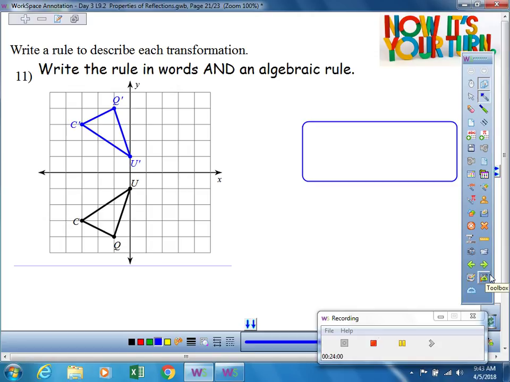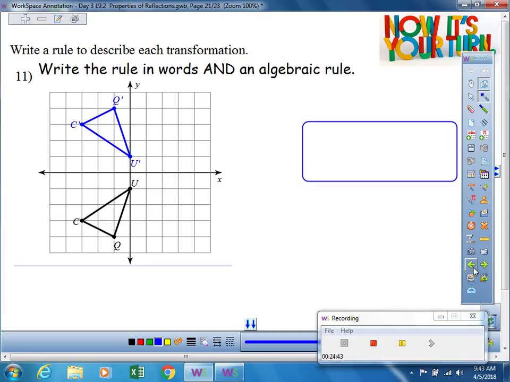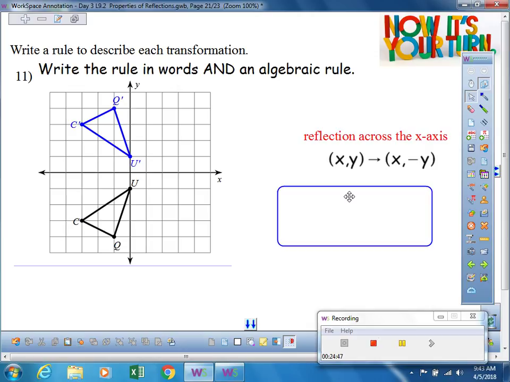I want you to go over the y-axis on the bottom left. Okay, this one looks like this. Reflection across the x, Ethan. And it should have x, negative y. Okay, do you check this one out?